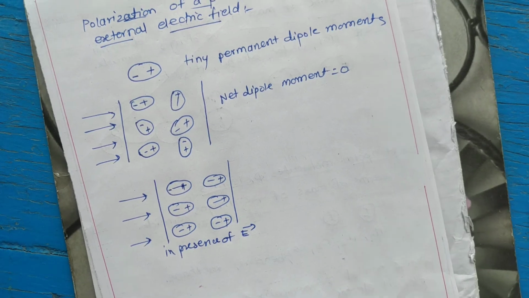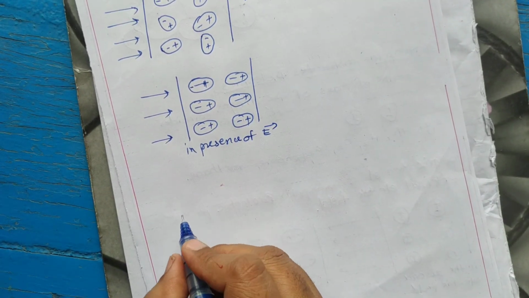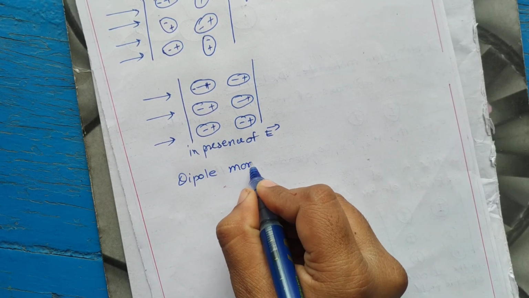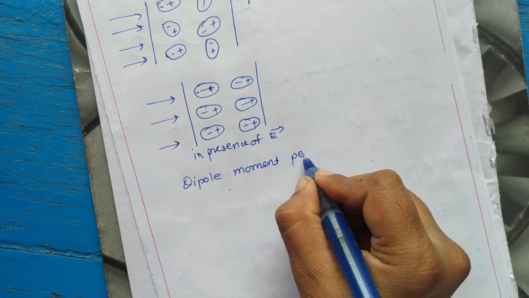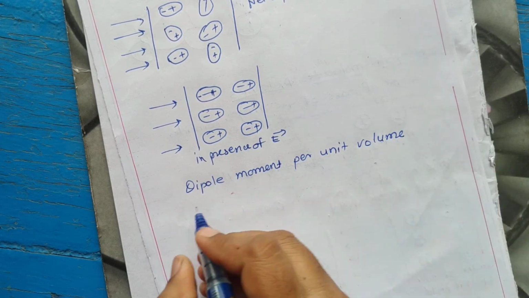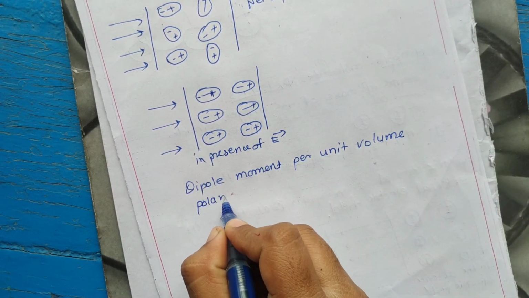In the presence of the electric field, dipole moment per unit volume is called polarization.